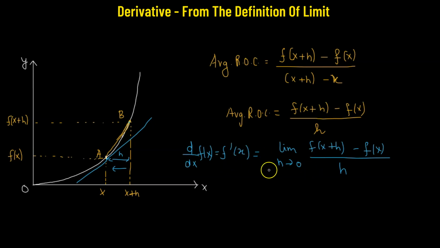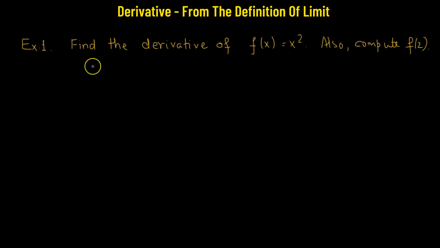So we'll use this limit definition of derivative to solve a few problems. Let's try it out. Problem number 1, we need to determine the derivative of the function f of x equals x squared using the limit definition, and after that we will find the value of f prime of 2. So let us begin. So our limit definition is, f prime of x, that is what we have to obtain.